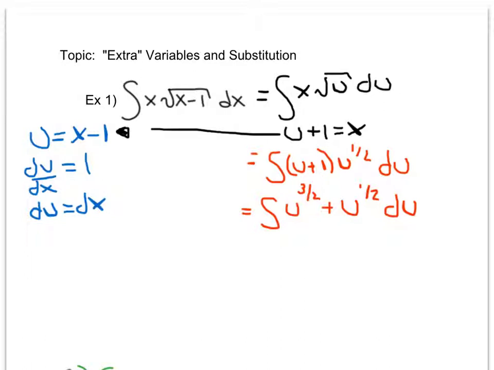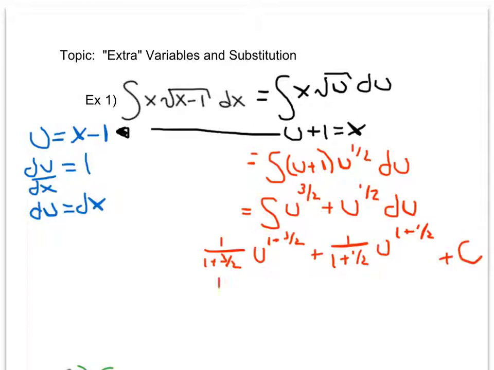When I integrate this, I end up with 1 over 1 plus 3/2 times u to the 1 plus 3/2, plus 1 over 1 plus 1/2 times u to the 1 plus 1/2, plus c. Cleaning that up, I get 1 over 5/2 times u to the 5/2, plus 1 over 3/2 times u to the 3/2, plus c.